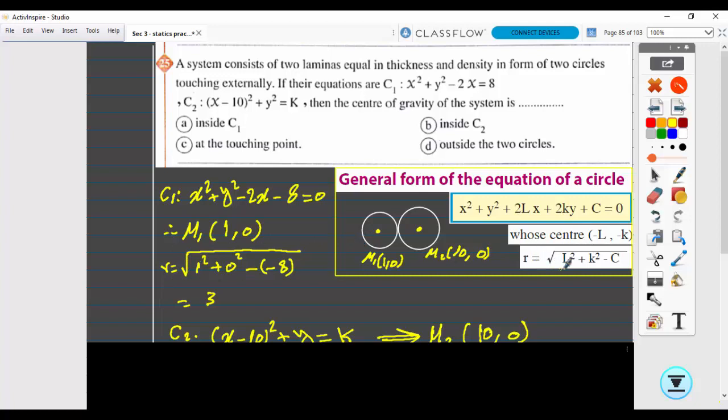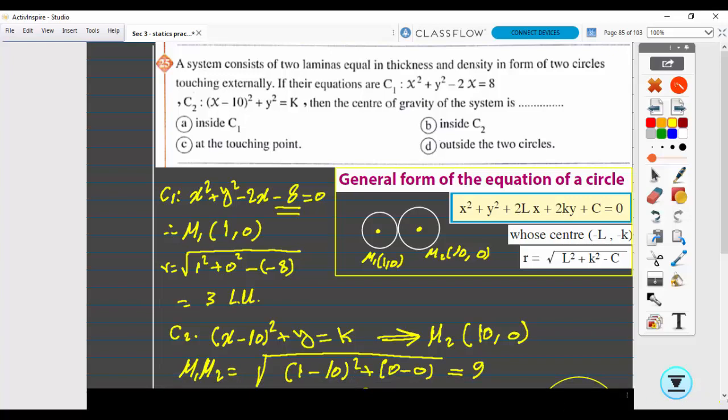R equals, according to the rule, the square root of l squared plus k squared minus c. L squared is 1 squared plus 0 squared, minus c, where c equals negative 8, so we write minus negative 8. Calculated, it equals 3 length units.